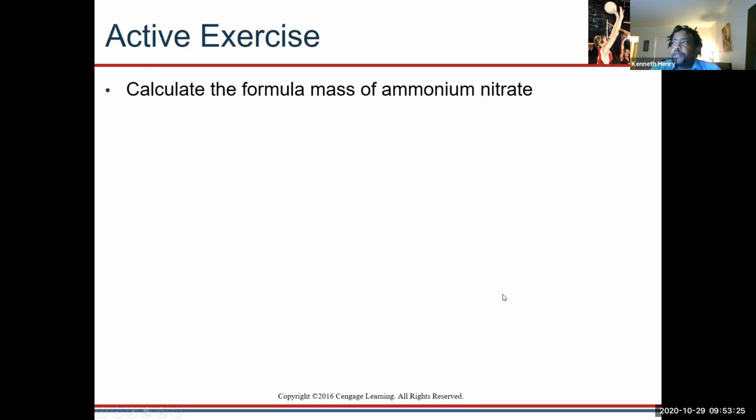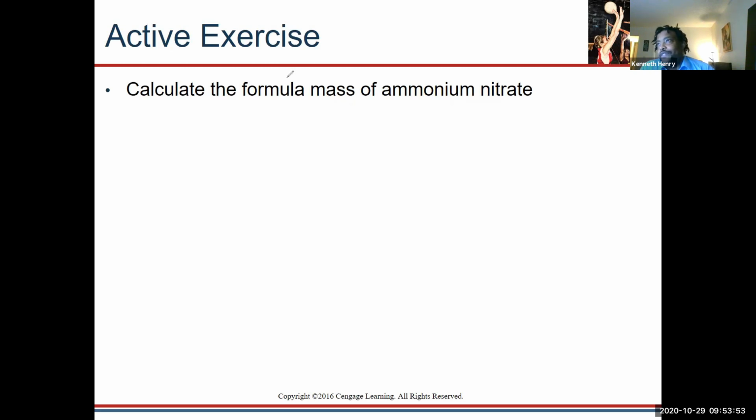So calculate the formula mass of aluminum nitrate. I'm sorry, ammonium nitrate. I was just going to give you a different problem altogether. Okay, now you guys don't all have to yell at me at once.